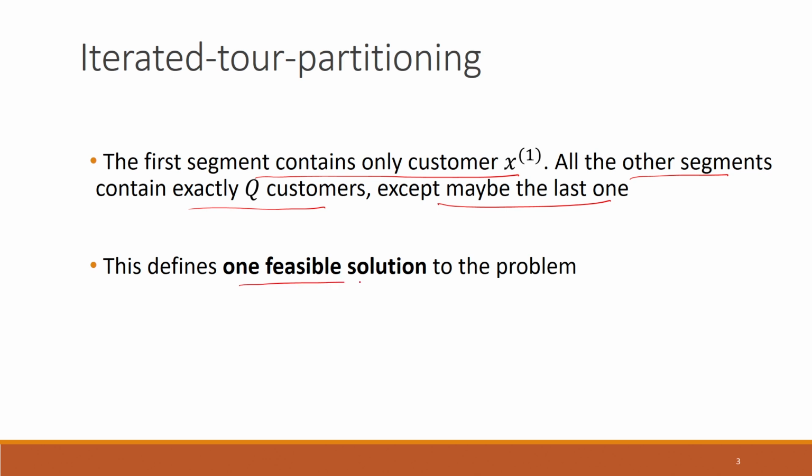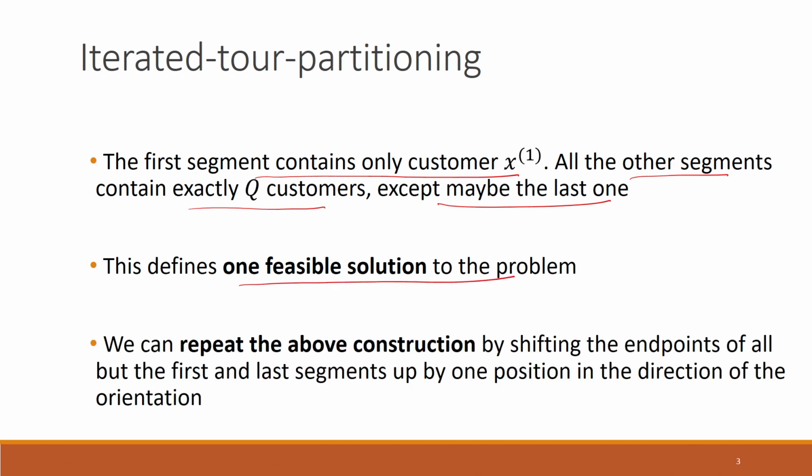This gives us the first feasible solution to this problem. Then we repeat the above construction by shifting the endpoints of all but the first and the last segments up by 1 position in the direction of the orientation. In the next solution that we obtained, we had also added x2 to the first segment.